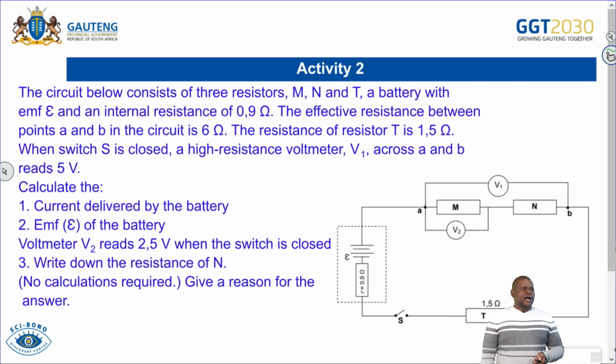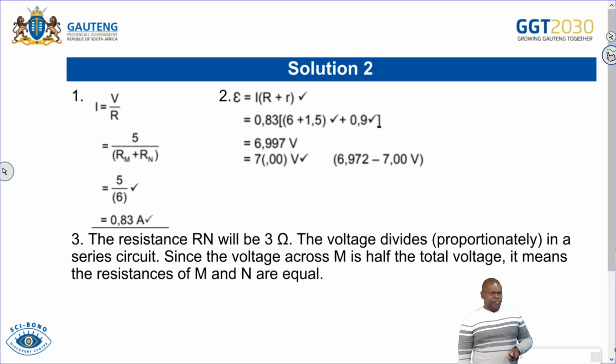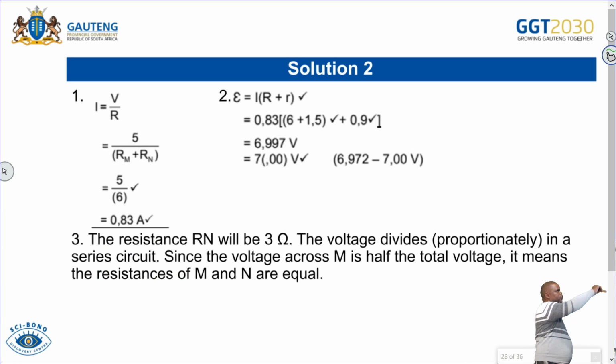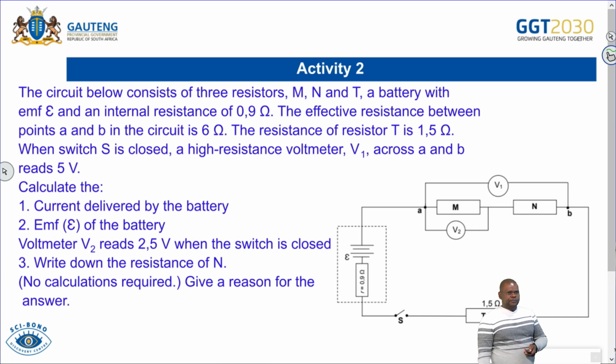Question 1, it says, calculate the current delivered by the battery. We don't know how much current that is, but what we know is the formula we looked at last week. I is equals to V over R, and we're given that our V is 5 volts when the switch is closed. Can you see 5 volts there?